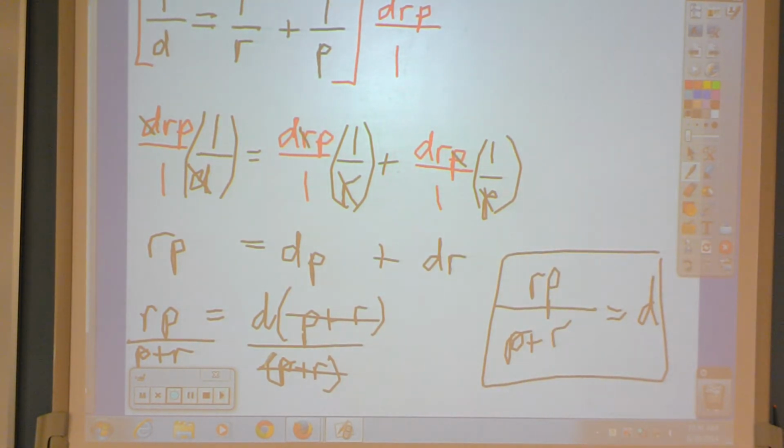Let's do another one. Well, that's all of those formulas. Now we'll pull up another one. I didn't know these were in there, but we'll do it anyway.